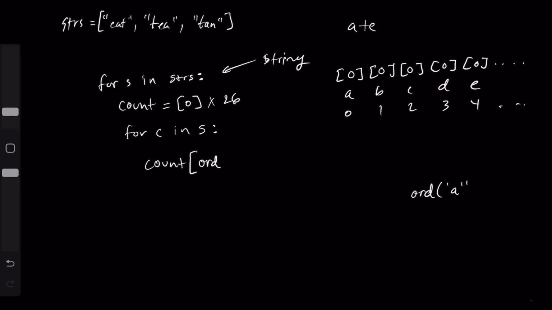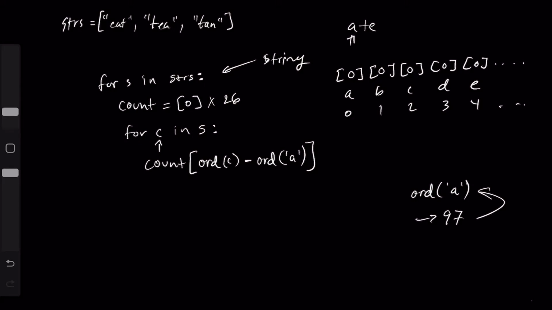So ord of A. I'm pretty sure the ASCII value for this is 97, so that's going to be our base case. We grab the character c and subtract the ASCII value of A, which is our base case.